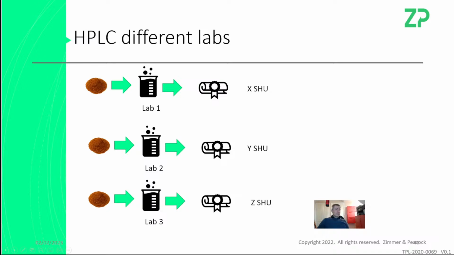So you think you're sending the same sample to different labs, but in fact it's heterogeneous. I want to defend these labs, but I would say that if you sent samples from the same batch to different labs, you might find they come back with different results. So you've got to be very careful with certificates of analysis from HPLC labs, especially on raw food ingredients.